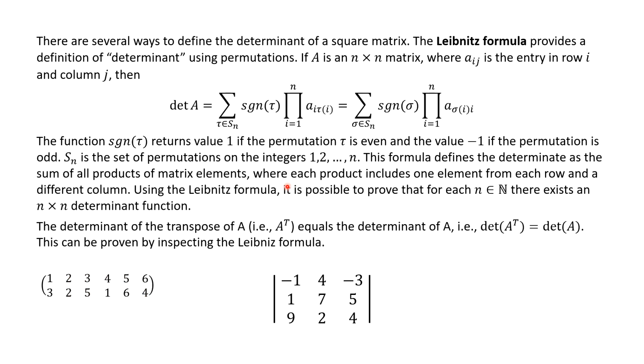and so on. So for that particular permutation, you would multiply the entry A13 times the entry A22 times the entry A35 times the entry A41 times A56 times A64, and then you would determine whether this is an even or odd permutation.